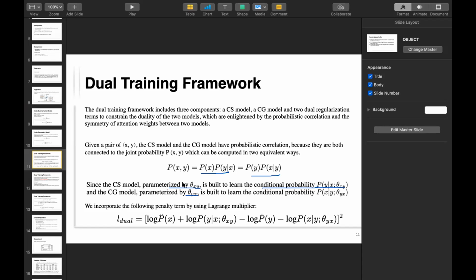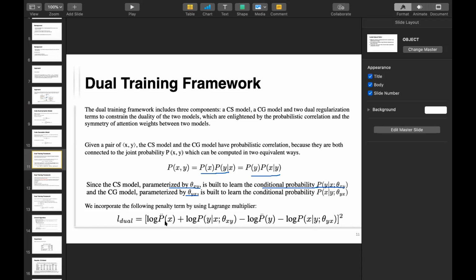So we want to incorporate this relationship into a penalty term, a constraint on the loss function. How to explain this? Because we take the log, the addition of logs is the same as the multiplication of the inside terms.